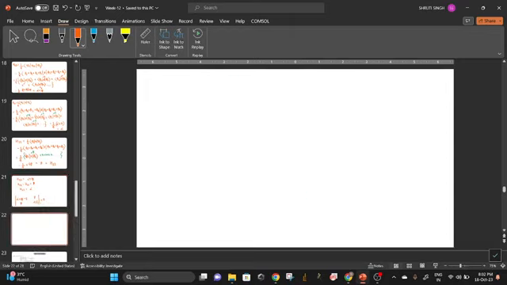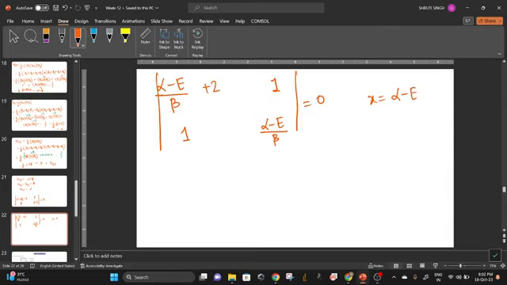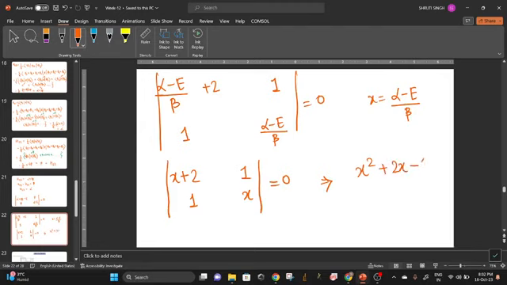Now I can take beta common, so I will write x plus 2, 1, 1, x equals 0, where x equals alpha minus E by beta. This is the shorthand notation, which upon solving becomes x square plus 2x minus 1 equals 0.